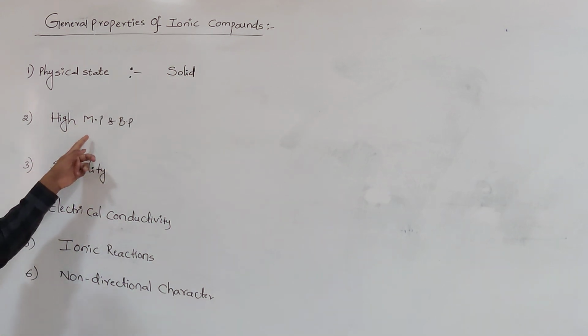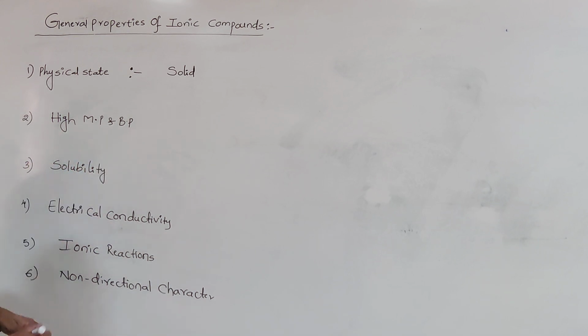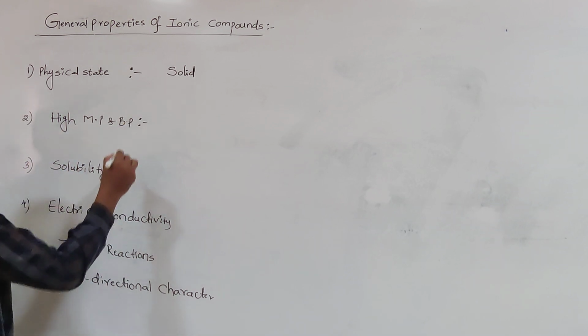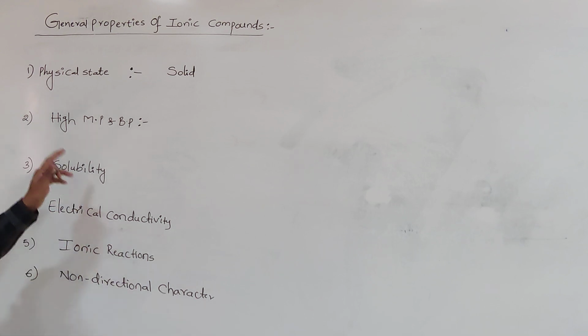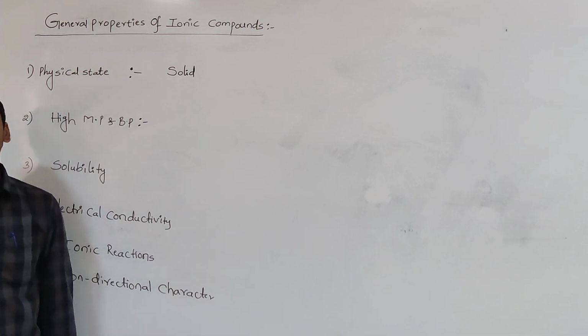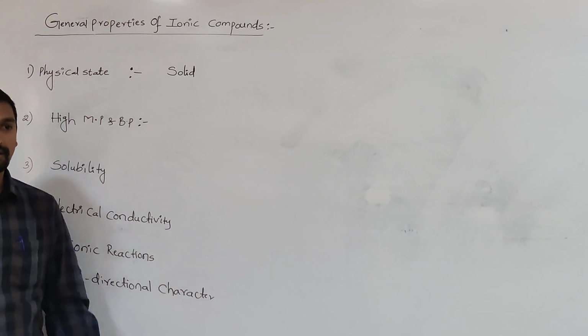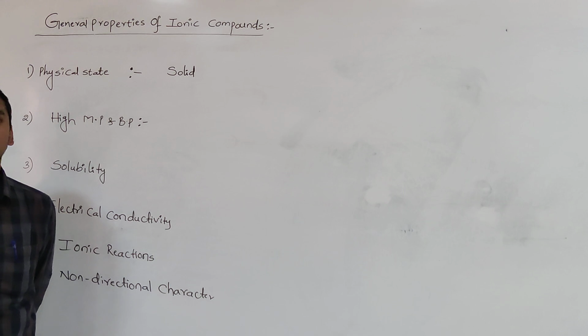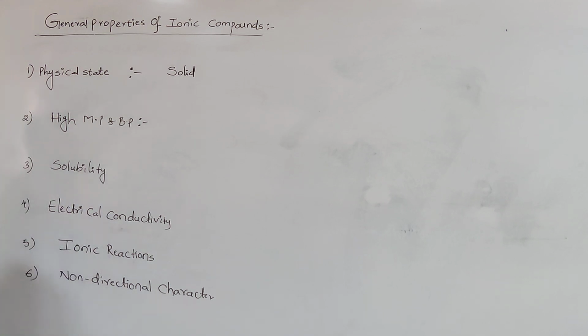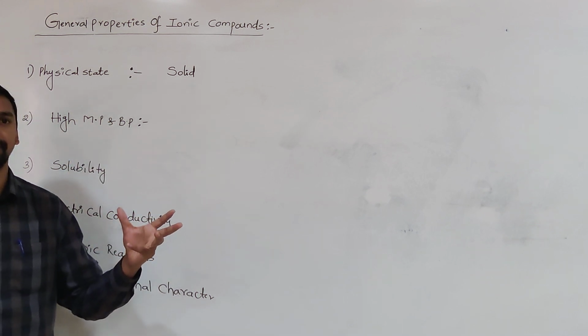The next general property is high melting and boiling points. Whenever we see any ionic compound, generally they possess a high melting point and boiling point. The reason is that in ionic compounds, the ions are held together by the electrostatic force of attraction, which is a very strong attractive force between the ions. Wherever strong forces are present, they require a larger amount of energy to break the ions apart.